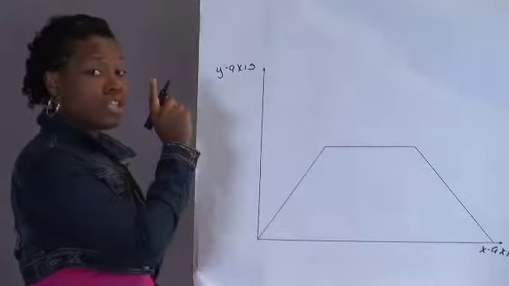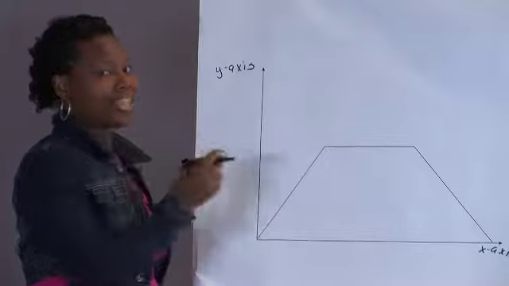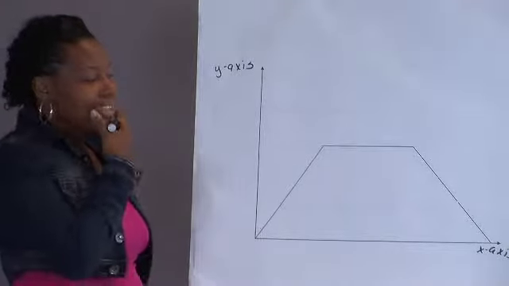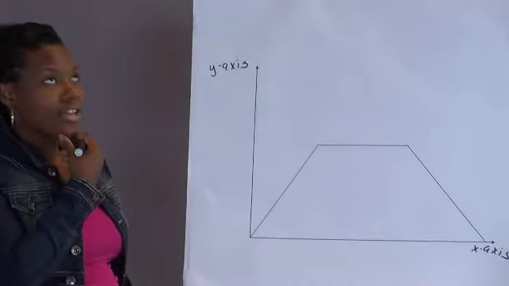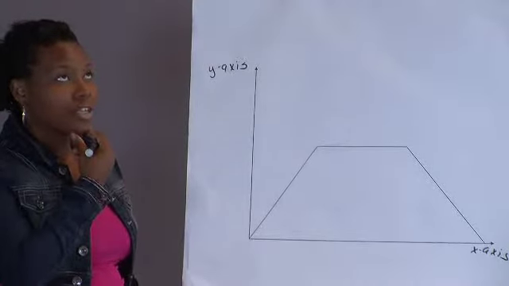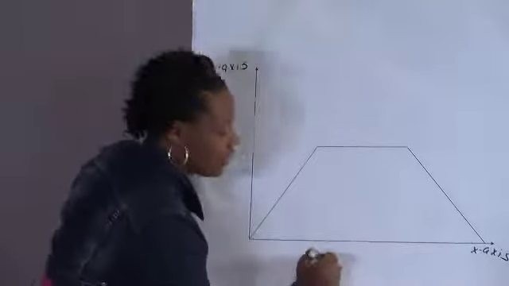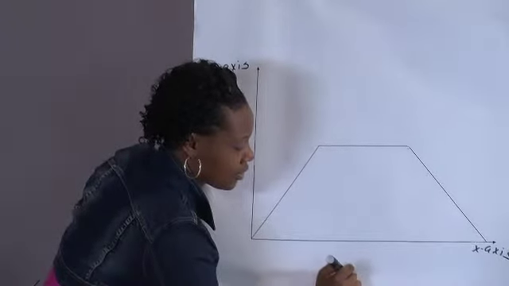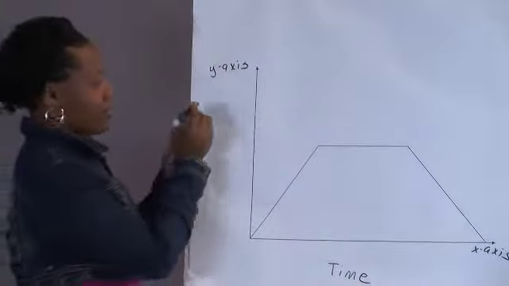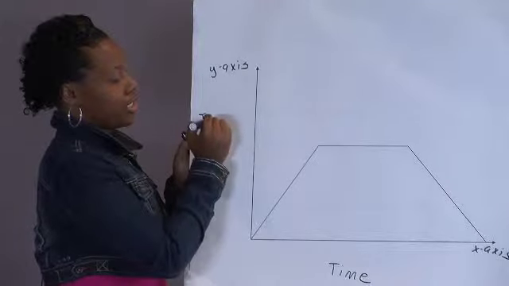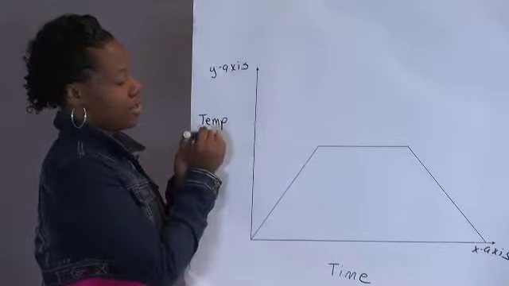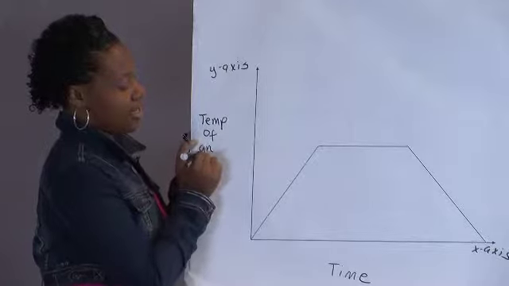Anything that's dependent will go on the y-axis. Let's say this graph is comparing time and the temperature of an oven. I'm going to put time down here, and then shorthand temp of an oven.